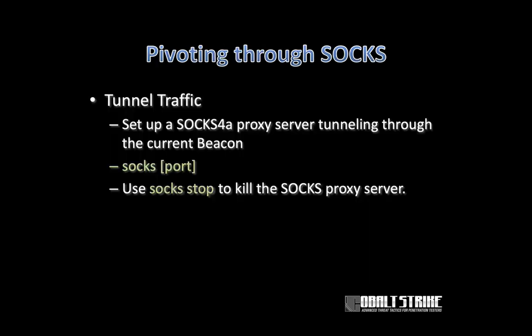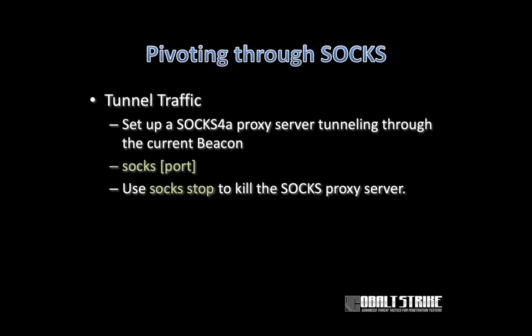Here's how to set up a SOCKS proxy server on your team server associated with a specific session. Interact with your beacon, type SOCKS, and specify a port. Your team server will open up that port, and any proxy traffic that comes through that port will get tunneled and relayed through the current beacon session.